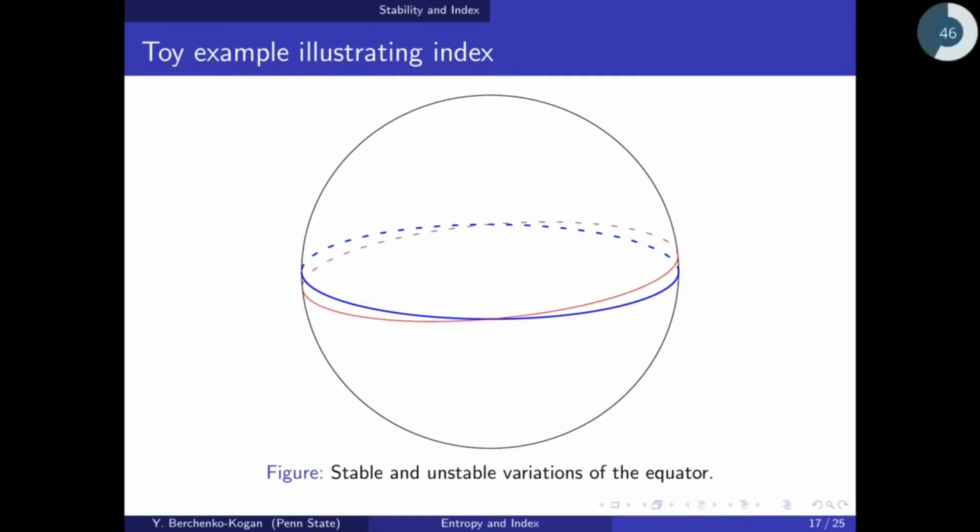If I vary the curve this way, however, I'm just rotating it, then we get a situation where the red curve is also a geodesic, so it's going to stay put. And if we look at higher modes, so this particular variation of the equator is balanced north and south, first of all, you can observe that its length is larger.